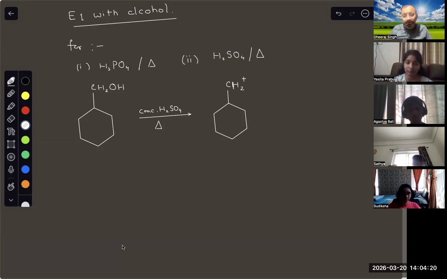Then what will happen? It will shift. What will shift? The positive charge will shift. One carbon below, a hydride shift. This hydride shift will happen.